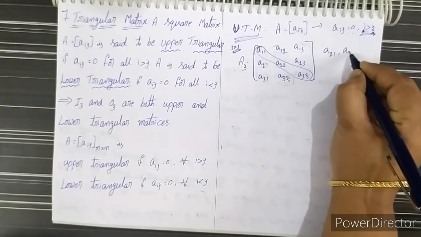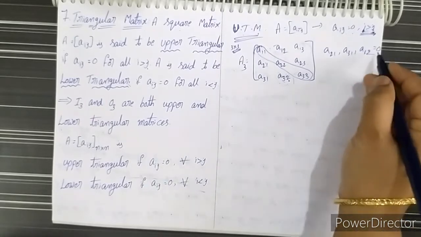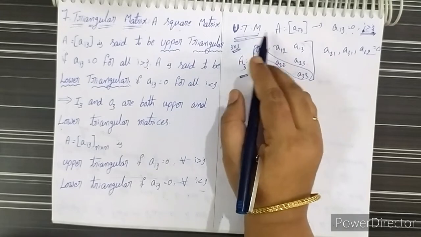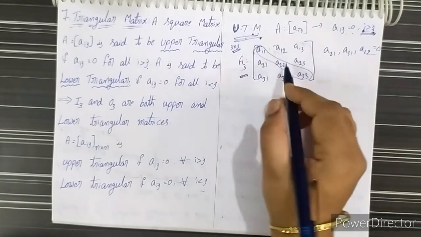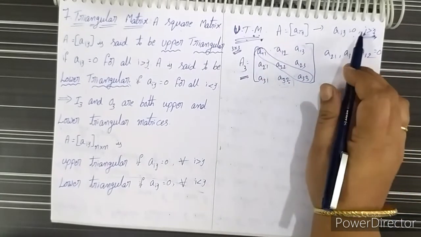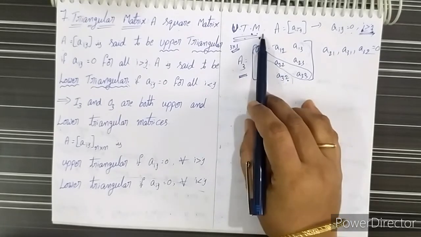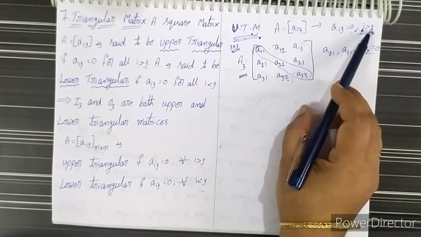If a21, a31, a32 are all equal to 0, then only A is called an upper triangular matrix. Upper triangular means a square matrix is said to be an upper triangular matrix if aij is equal to 0, i greater than j.